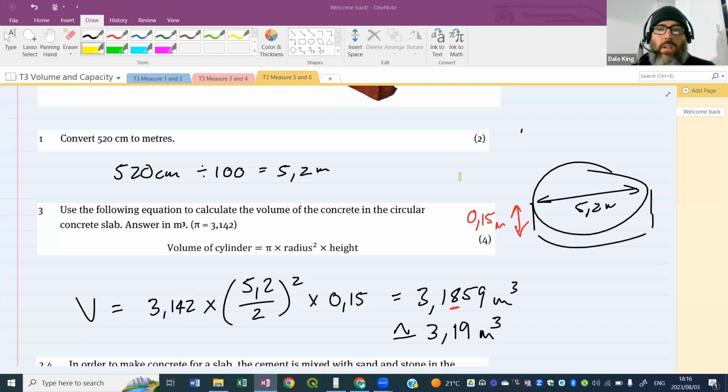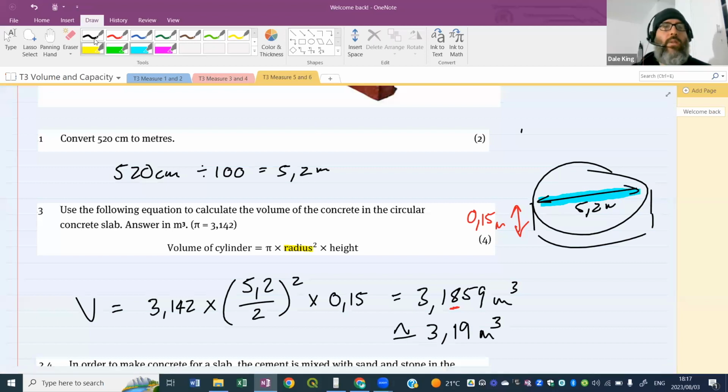Isona, you there? Can I ask why you are dividing 5.2? Very good question. That's the first thing that Kagiso said. She said, "Sir, make sure that you divide by 2." You'll see here the formula says radius. It needs a radius. And in our circle, is this line here a radius or a diameter?